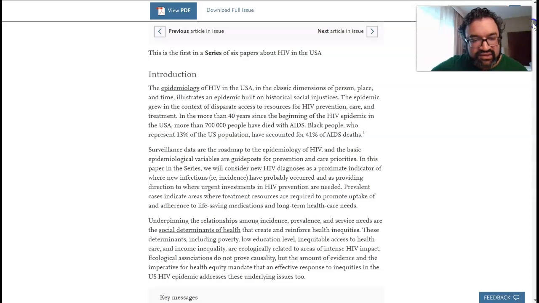So this is the process. You go through this slowly. Usually there's a theoretical framework, and the social determinants of health is an important one, with five domains contained within it.